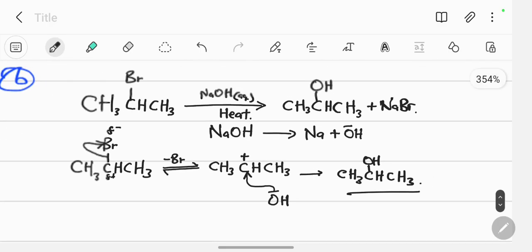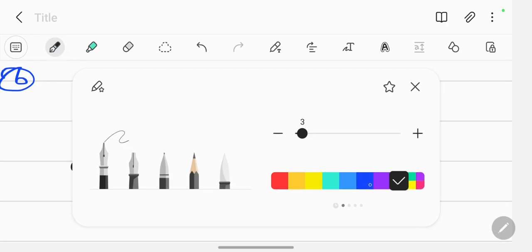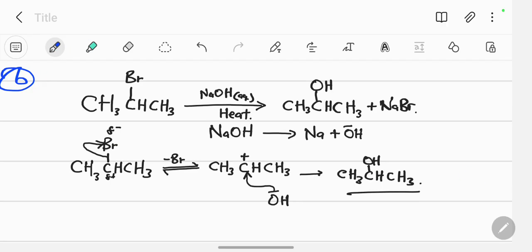So we are having two rate determining steps and we are having one species in each.